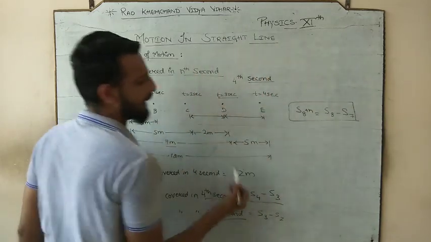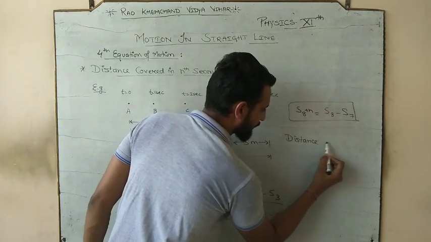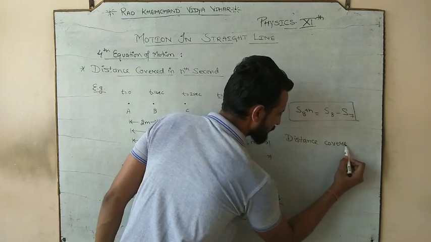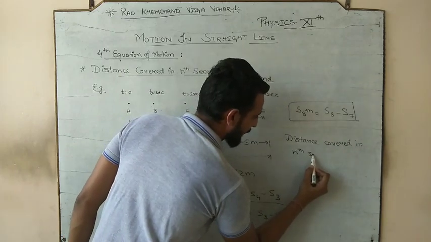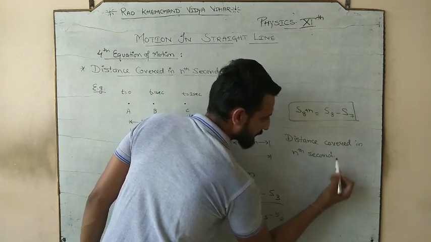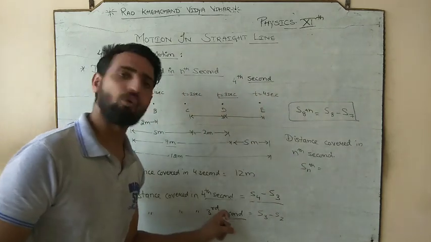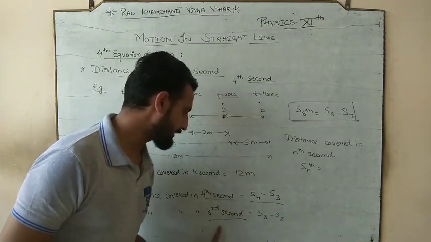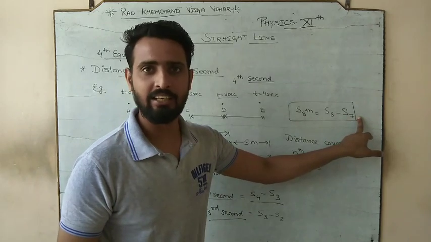And in a similar manner, if I ask you the distance covered in nth second, it would be 4 minus 3, 3 minus 2, 8 minus 7.